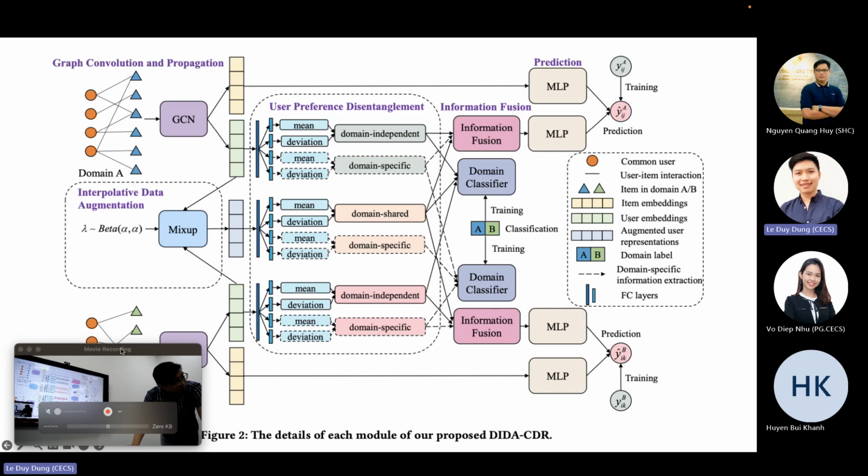They try to separate the domain independent and the domain specific, guiding the features and separating them into two features. They use a cross entropy classifier, a classification between A and B, to guide each feature.